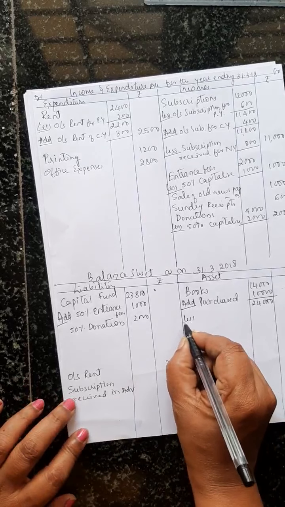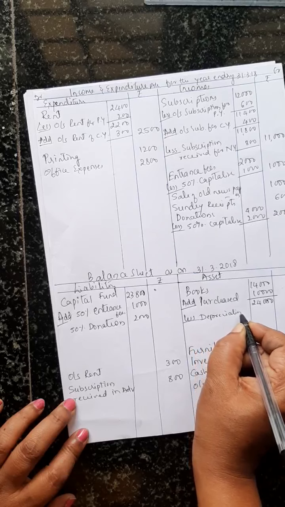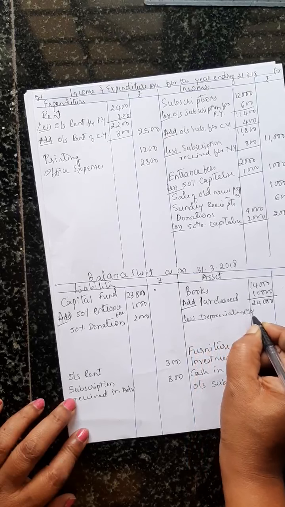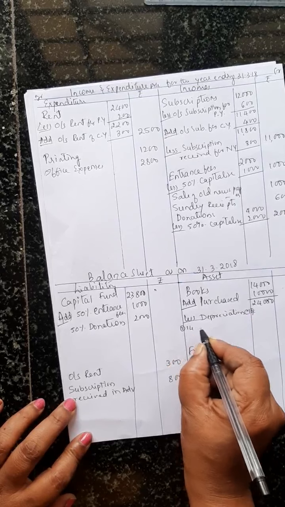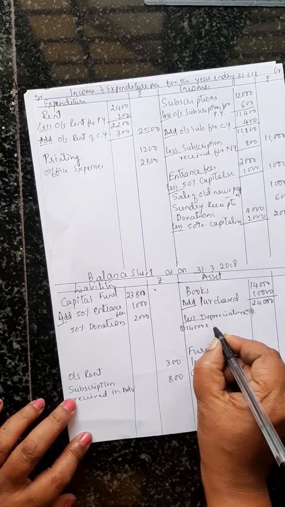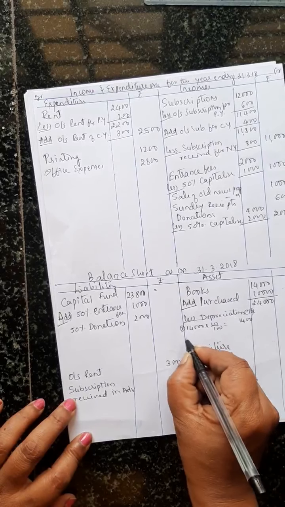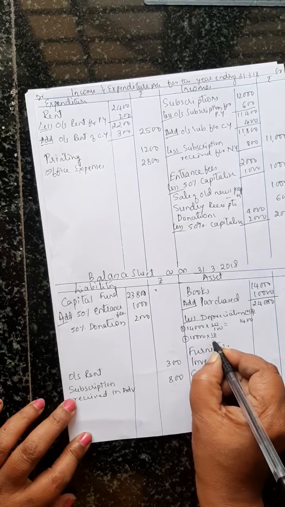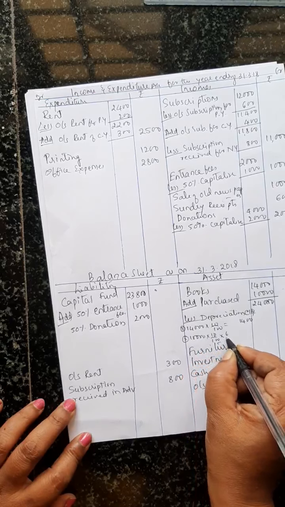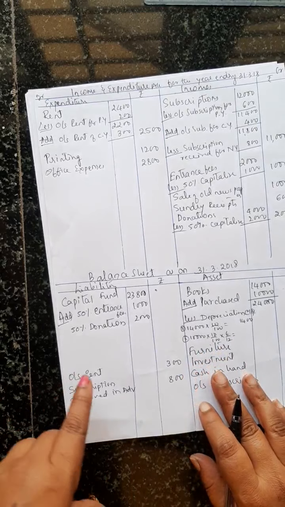Less depreciation at 10%. So first 14,000 into 10% directly, that is 1,400. Then second depreciation on 10,000, 10%, but for only 6 months, 6 upon 12, because purchased in the middle of the year.